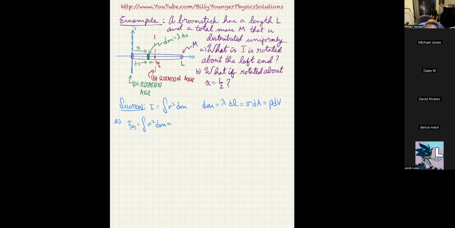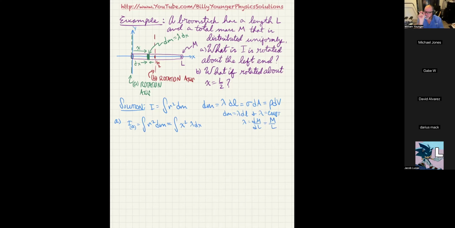Now I'm going to substitute the fact that r is just x squared and dm is lambda dx. Given dm is equal to lambda dl and lambda is a constant, then lambda is equal to dm over dl, which in this case is just mass per length because it's a constant.